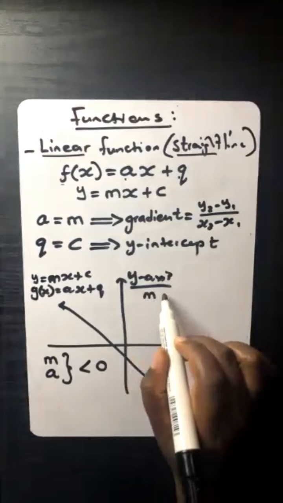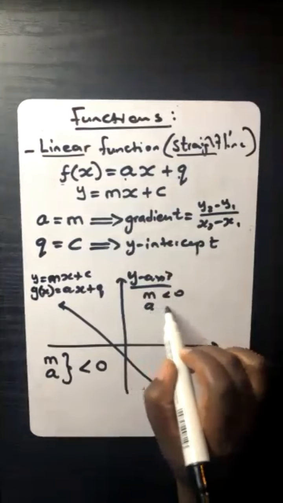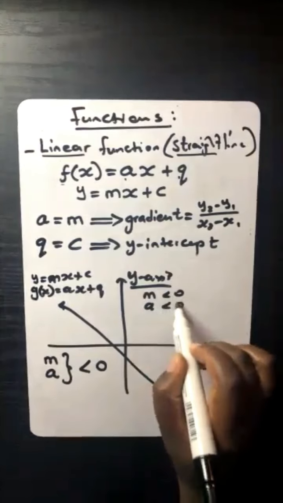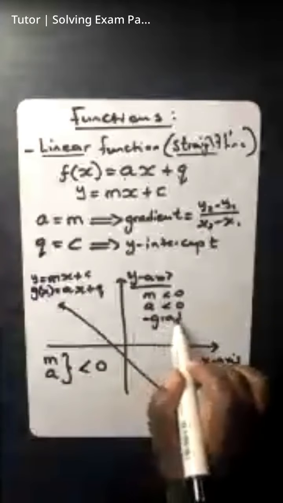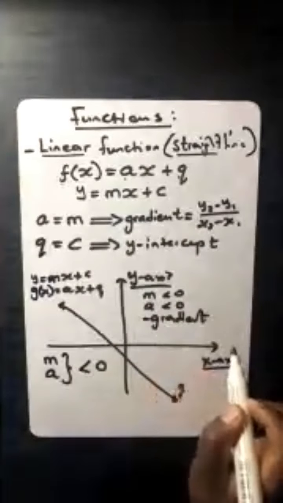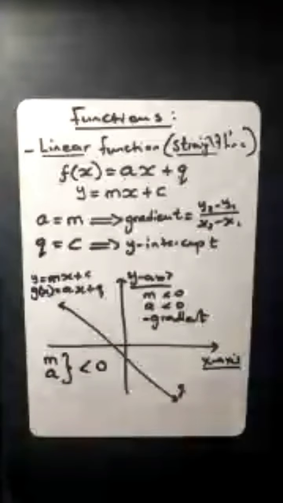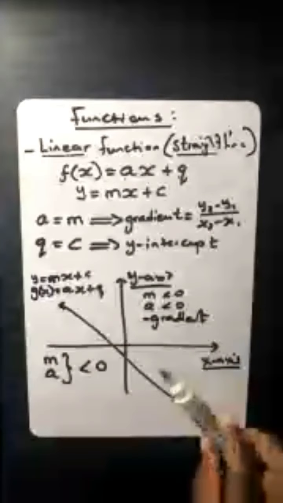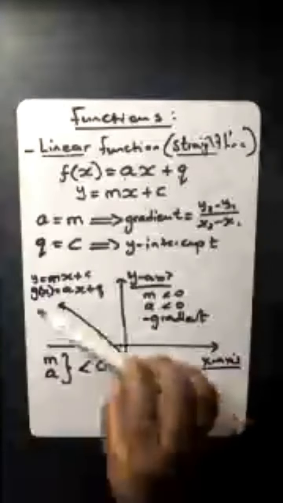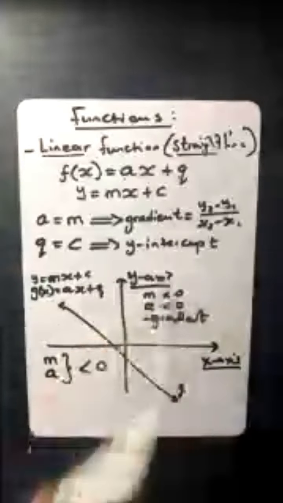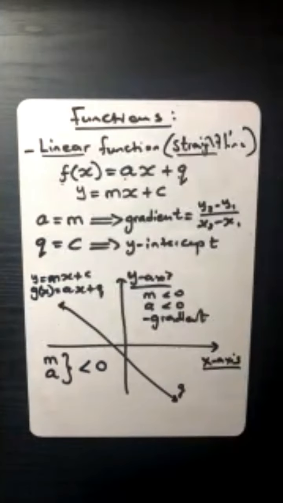It's the same as m is less than 0. If you use a, you can say a is less than 0. In other words, we are having a negative gradient for this type of a straight line. Remember, for a straight line, you can have one in that direction or the other one in that direction.